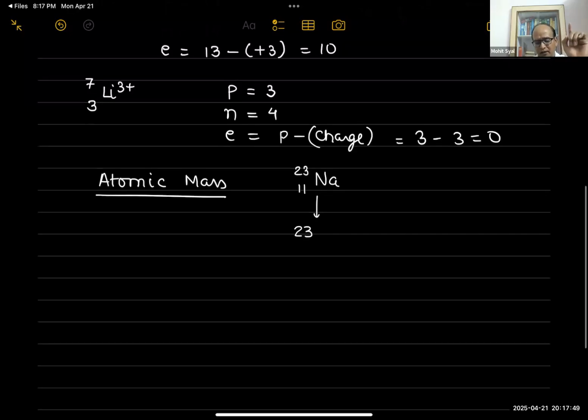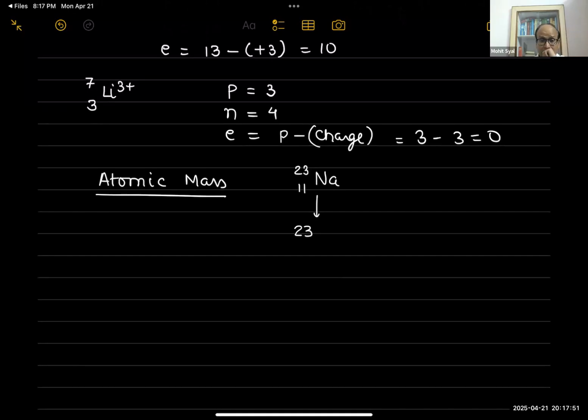One unit mass, not charge. The mass of a proton is 1 U, or 1 unit, or one atomic mass unit, you call it. The mass of the neutron is also approximately 1 U.